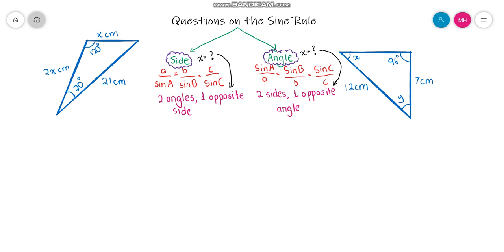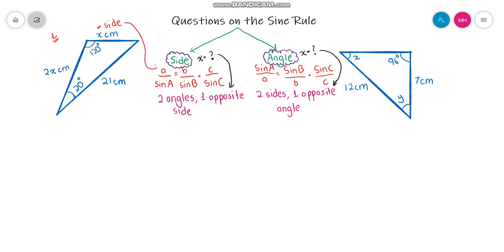Okay, so let's do this first question over here. Let's label this question 1. We need to find x. We need to find a side, and because we need to find a side, we use this formula over here.